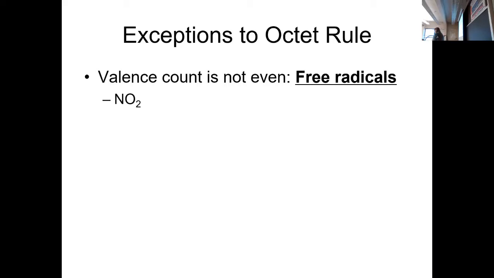Is there a charge on here? No. So this is a free radical. A free radical is a very unstable molecule, meaning it's likely to change. It is high energy. It wants to gather another electron, or at least give up one of its electrons so that all the electrons are paired. But they're not paired in this particular molecule.